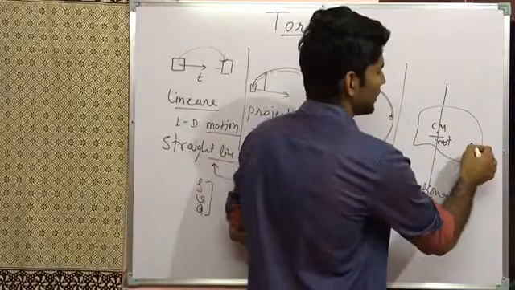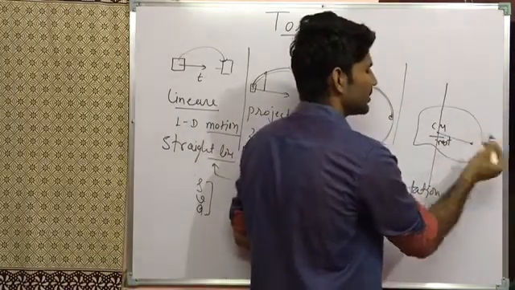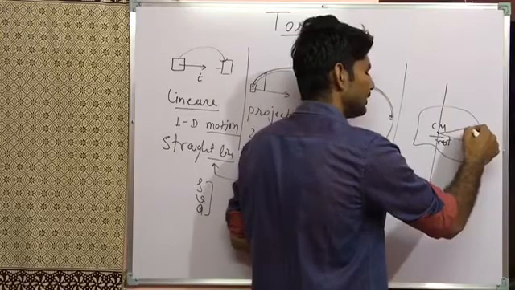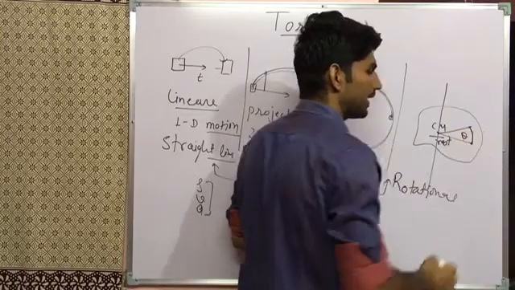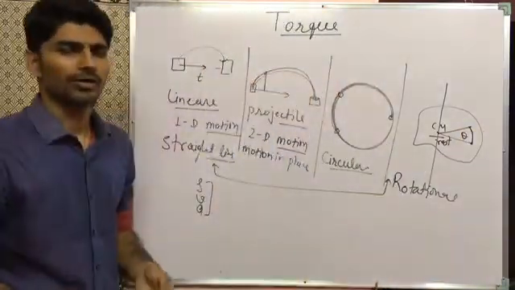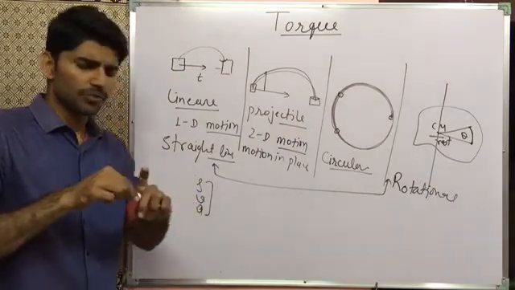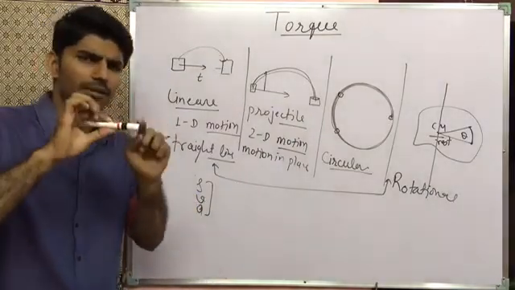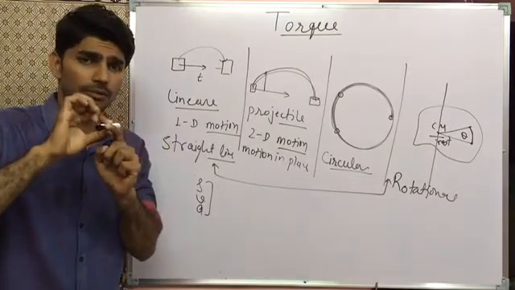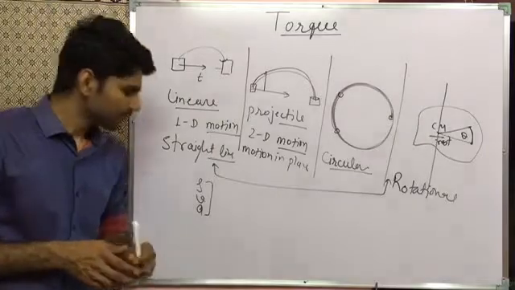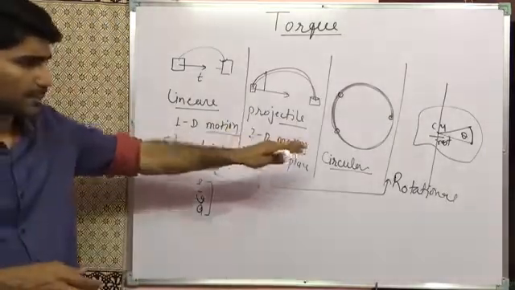If this particle here is here and after some time it reaches here, then we show this displacement by angle theta, which we call the angular displacement. So here the center of mass remains stationary, but other body parts are changing position, and that position we explain by the angular displacement theta.